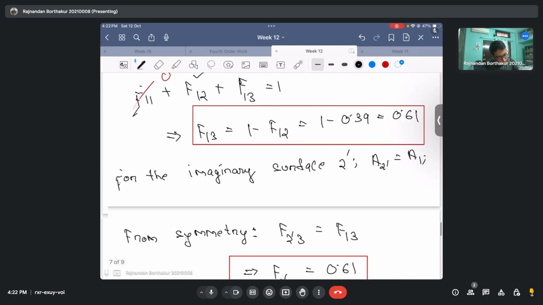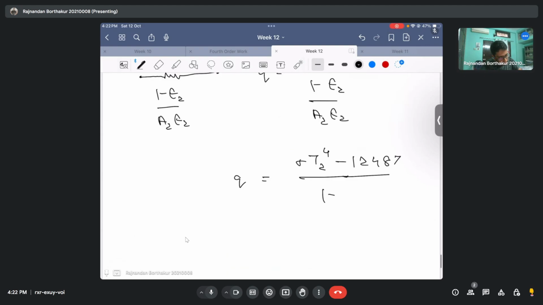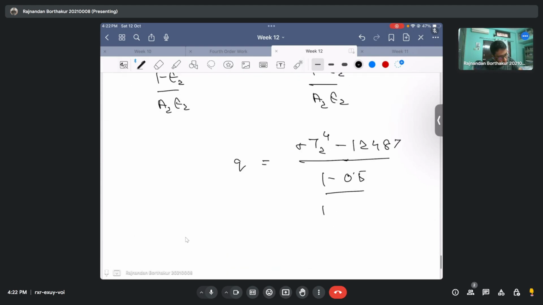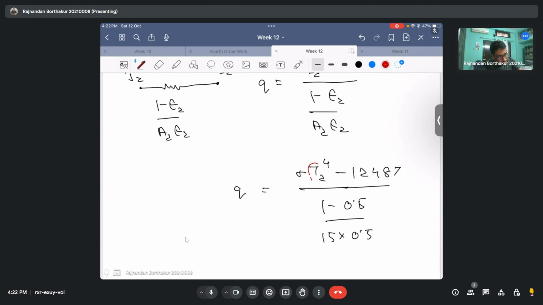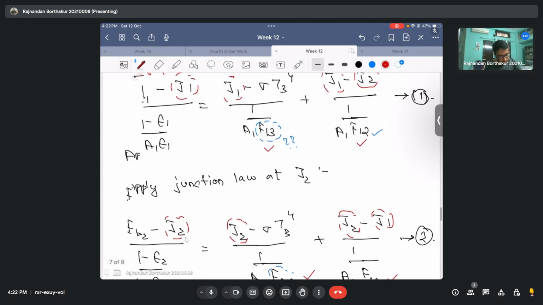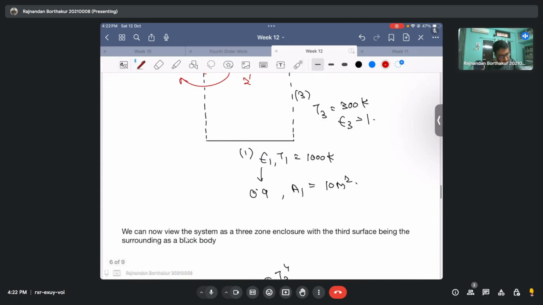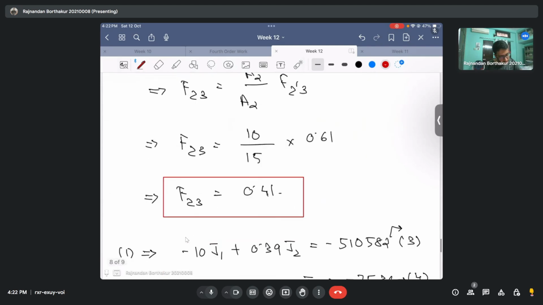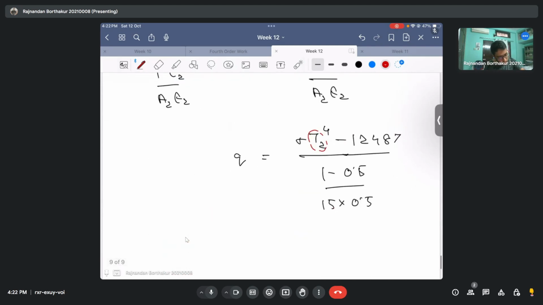So it's (1 minus 0.5) by (15 times 0.5). And T2 is given to be equal to 600 Kelvin. So you just need to substitute this value of T2 as 600, and sigma is nothing but 5.67 times 10 to the power minus 8.